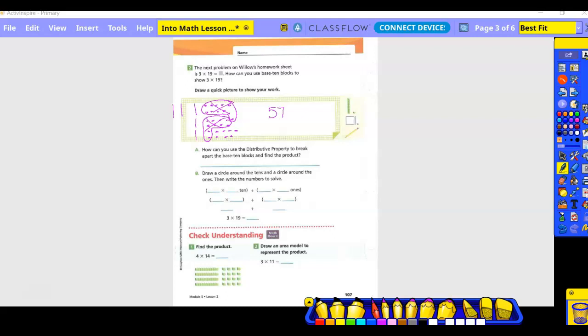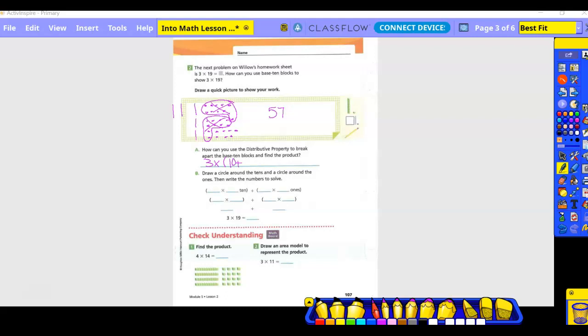So how can you use the distributive property to break apart the base 10 blocks and find the product? So I could use 3 times, how many 10s did I start with? 1. And then I would have 10, right?